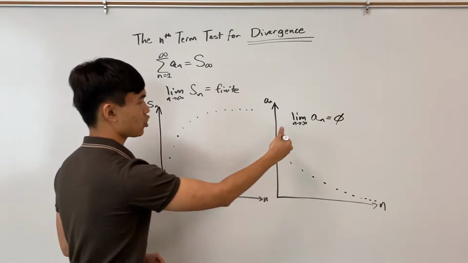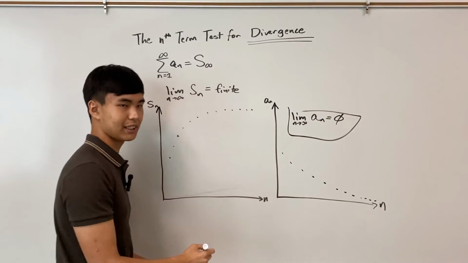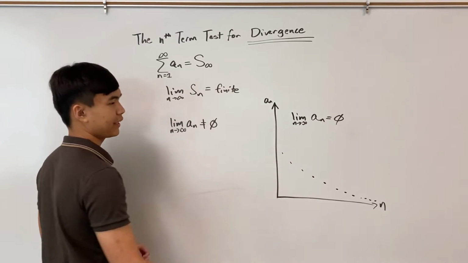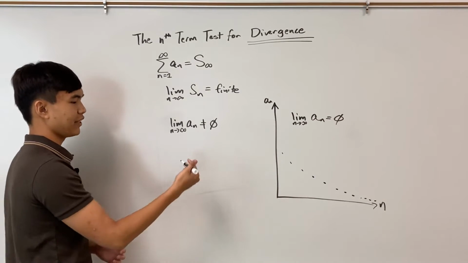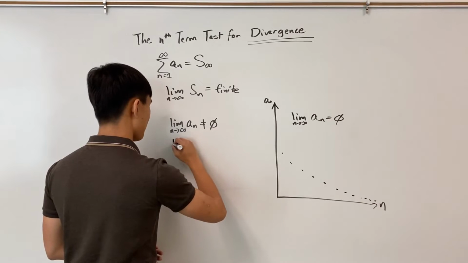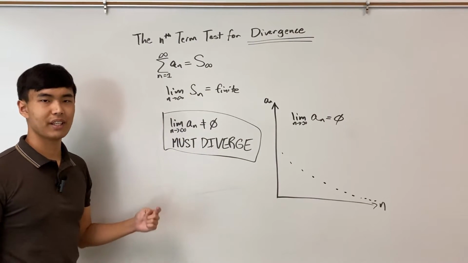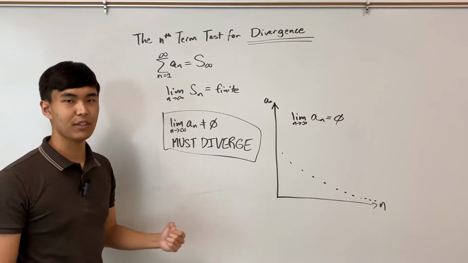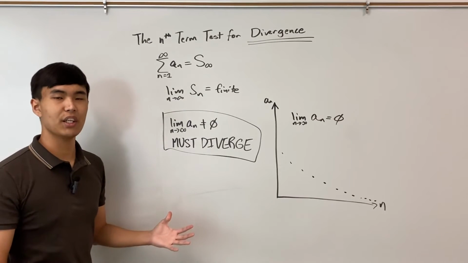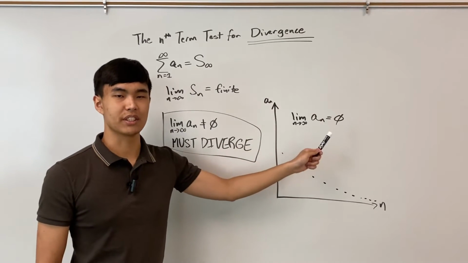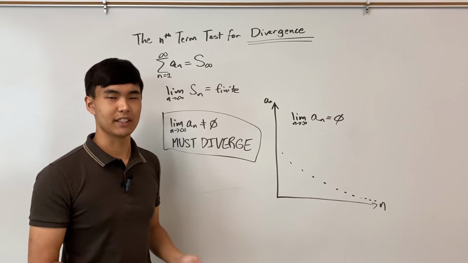This must be true for a convergent series. So on the reverse, if this is not true, then the series must be divergent. If the limit as n goes to infinity of the sequence is not 0, then we 100% know that the series is divergent. But if it is equal to 0, then it could still be divergent.